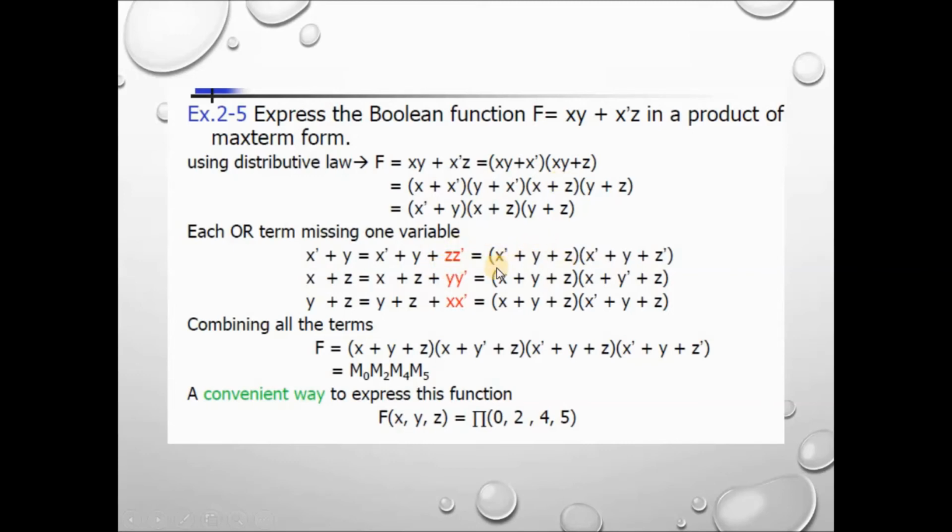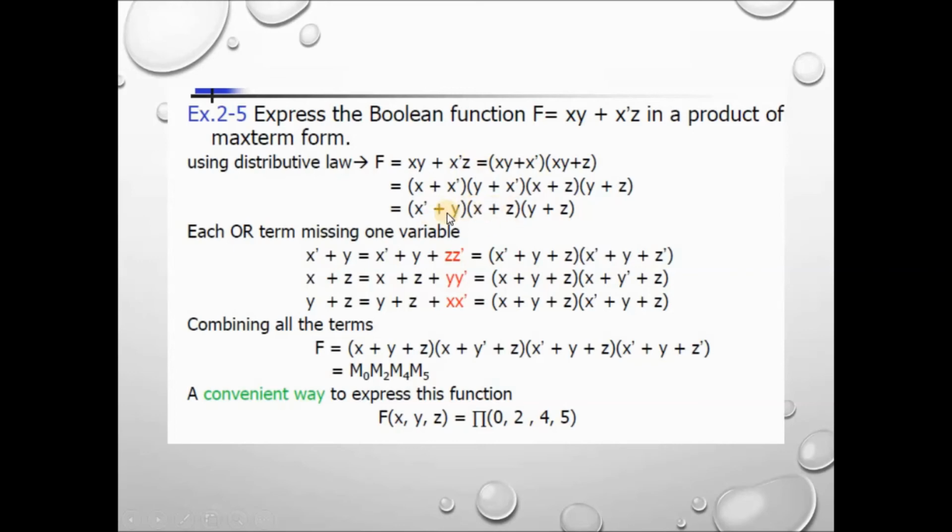So here your expression is XY plus X bar Z, the product of sum. Actually this is not product of sum. This is sum of min terms written here, so you have to convert it to sum of max term. After conversion you can write like this. Here after conversion you are getting this result.